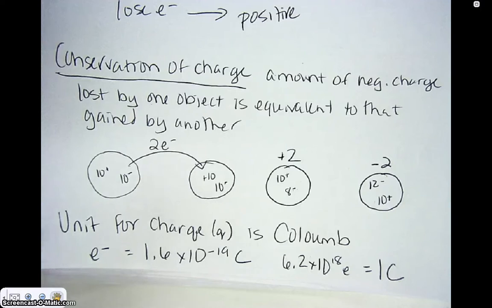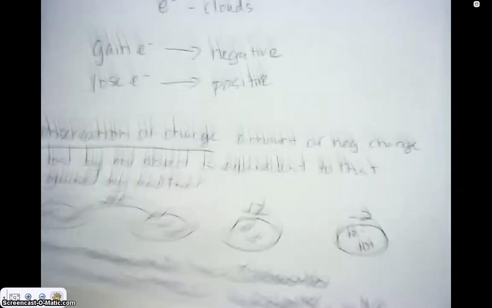Okay? So let's talk about how we actually give objects a charge. A conductor is something that can gain charge easily. We can actually give something a charge by doing something called rubbing.